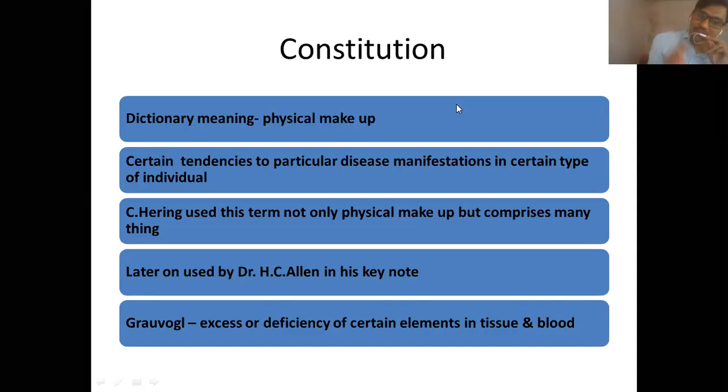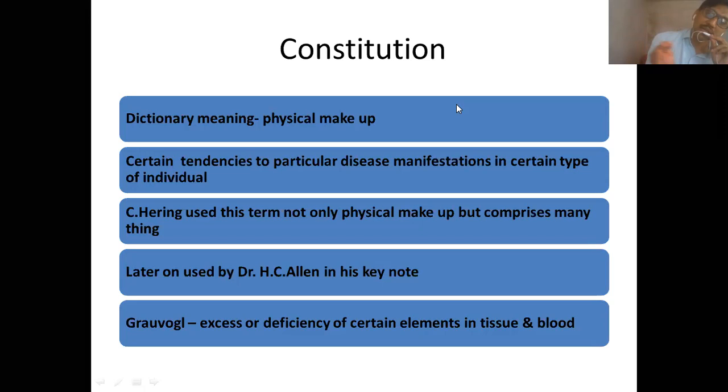And later on, as you may not be knowing, Allen's Keynotes is again a concise version, or it is again based upon Constantine Hering's Condensed Materia Medica. So whatever was used by Constantine Hering was used later on by Dr. S.C. Allen in his Keynotes.